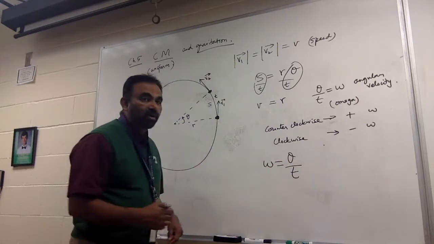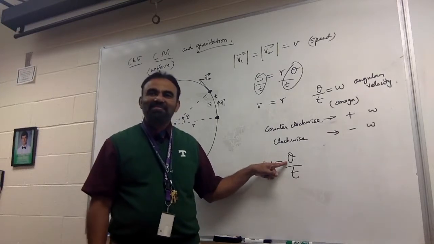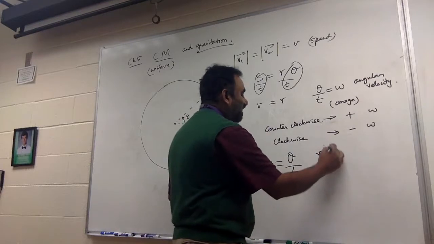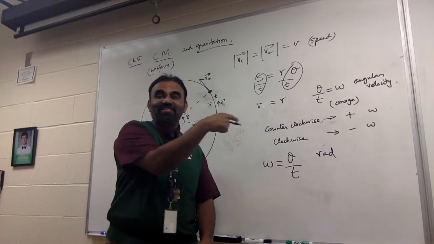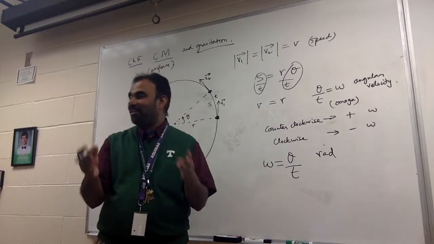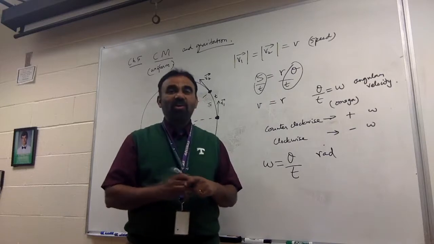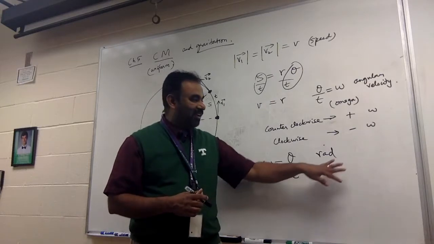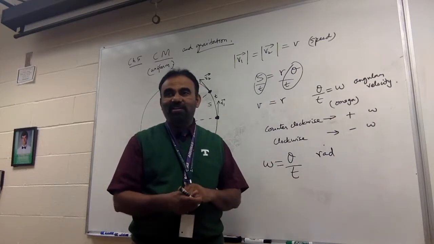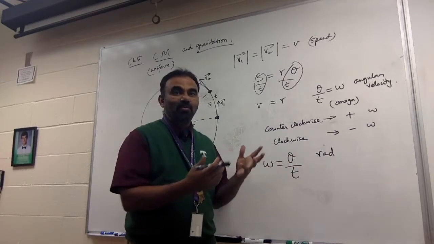Now, what is the unit of omega? What's the unit of theta? Nothing. Radian. It is nothing, but I can't write nothing there, so I need to write something. You're right, it is nothing. But if I write nothing over there and only write something at the bottom, it does not signify what you're trying to measure.